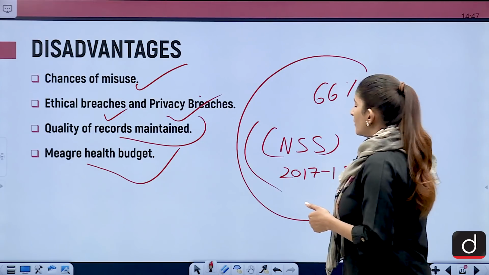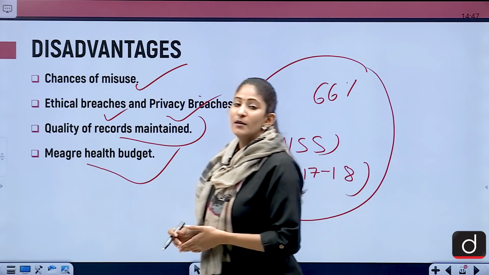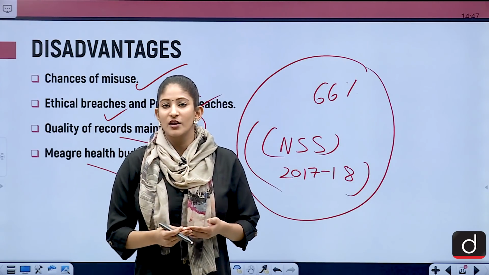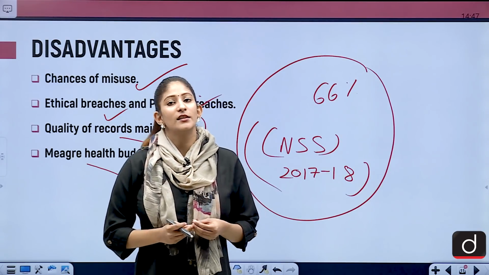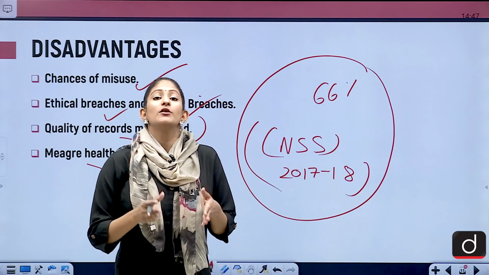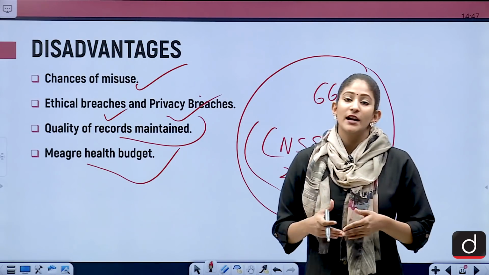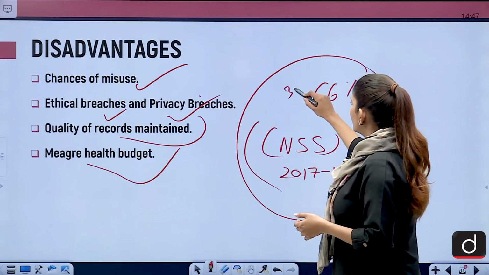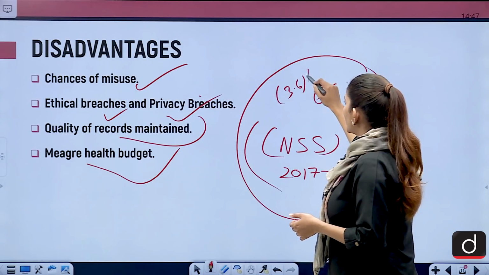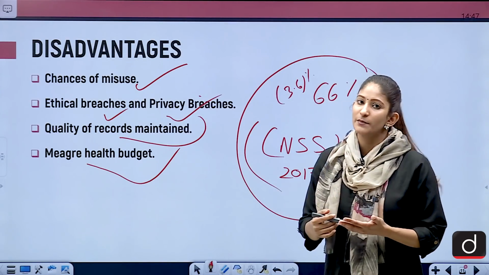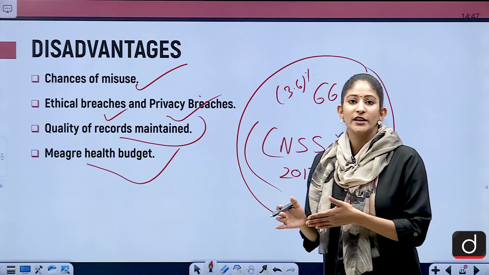And the expenditure on public health infrastructure by the government is just a little above 1%. The total health infrastructure expenditure is 3.6% from the perspective of both government as well as private industry.